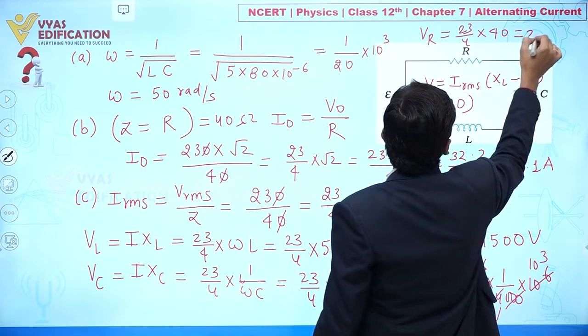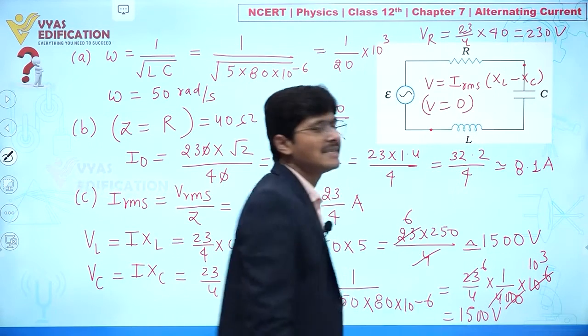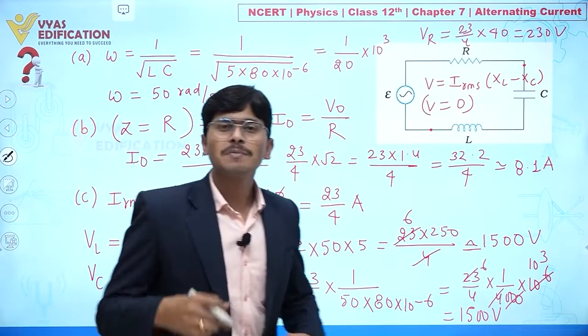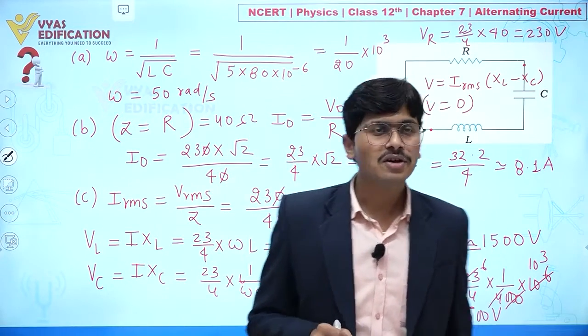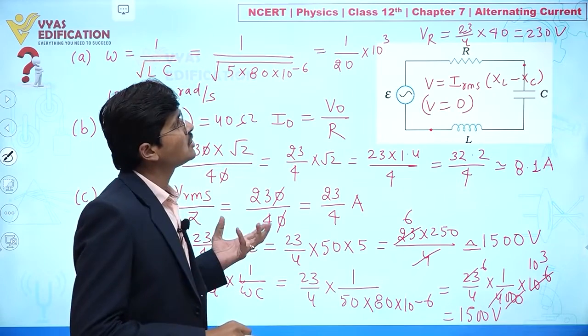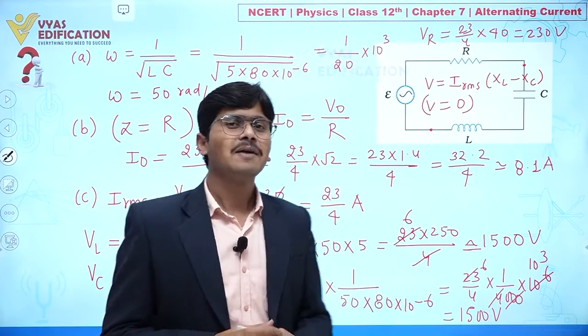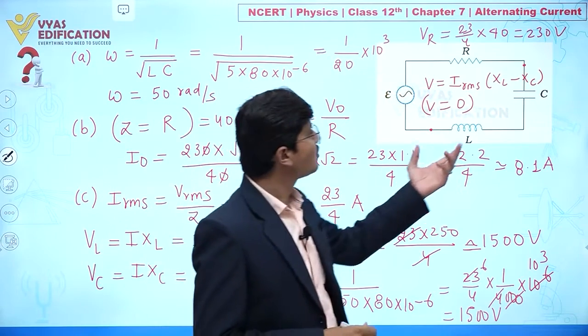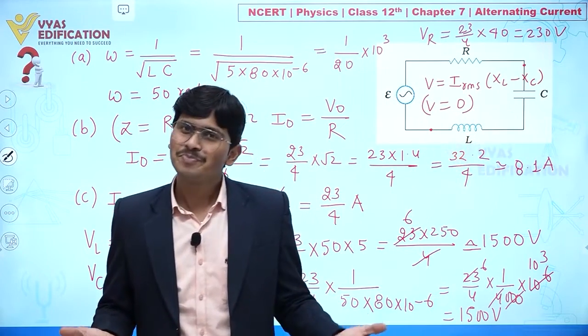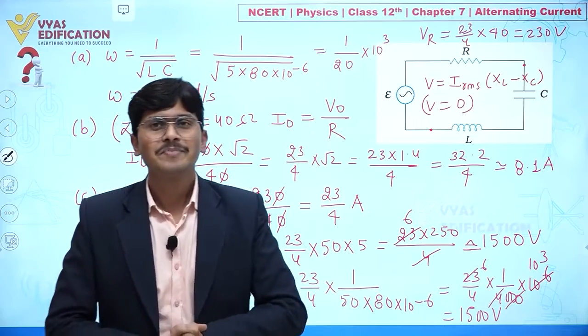So you get 230 volt, as expected. The input supply voltage is 230 volt, the potential drop across this resistor is also 230 volt, and the potential drop across the combination of L and C is 0. So this is all about this question.